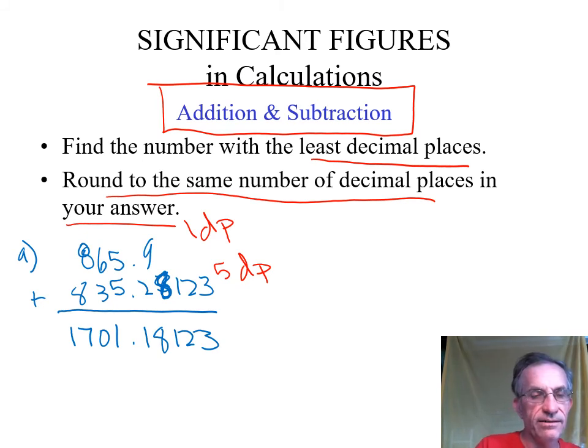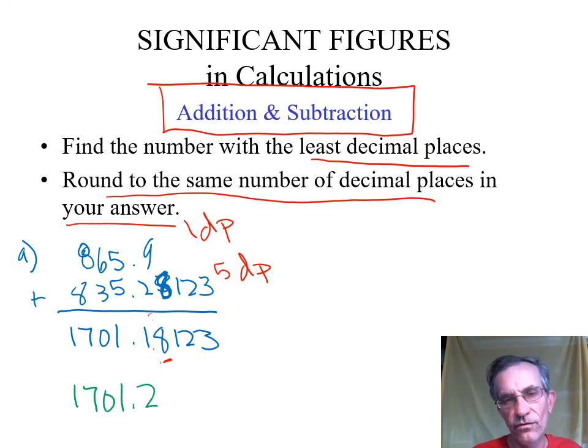I would round right here between the 1 and the 8. Now, that 8 means I got to go up, right? So we would round up to 1701.2. So there's still a different rule for rounding. So adding and subtracting, it's not quite as much because you don't have to worry about sig figs, which is nice. But you got to remember, oh, this is a different rule. I go by decimal places.